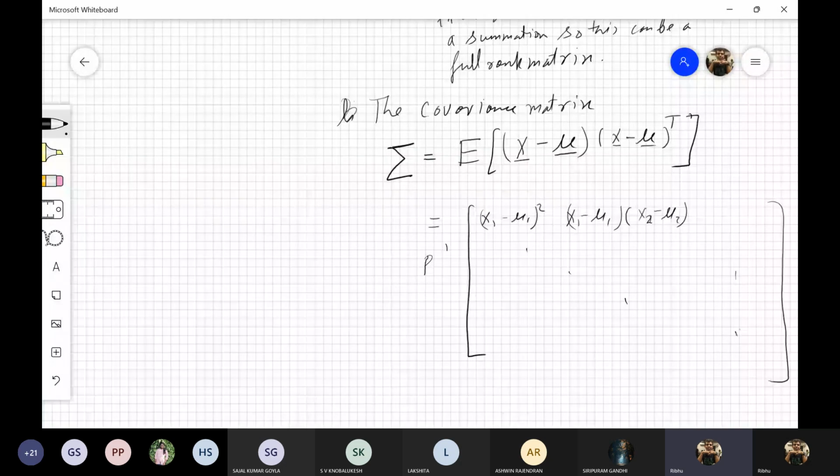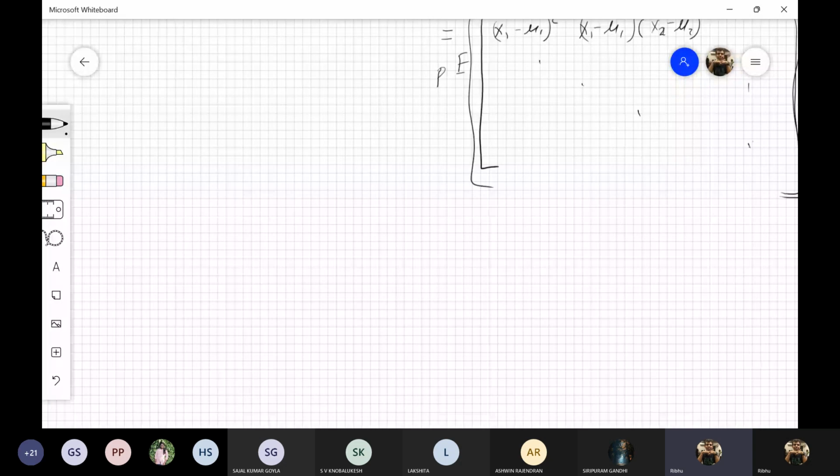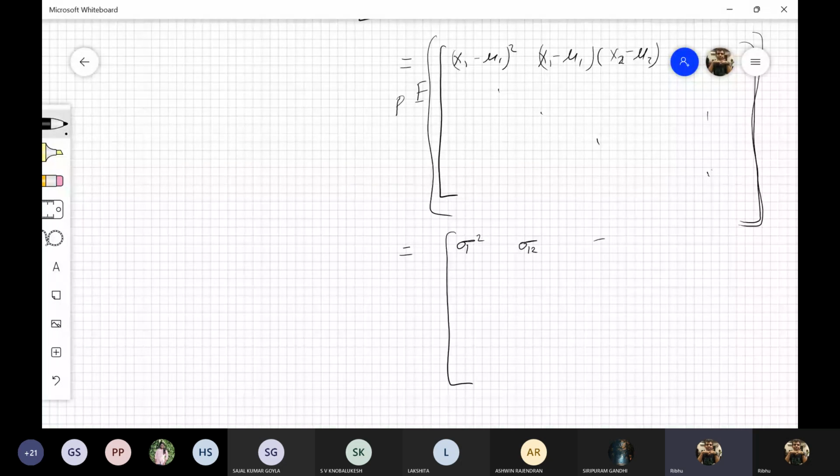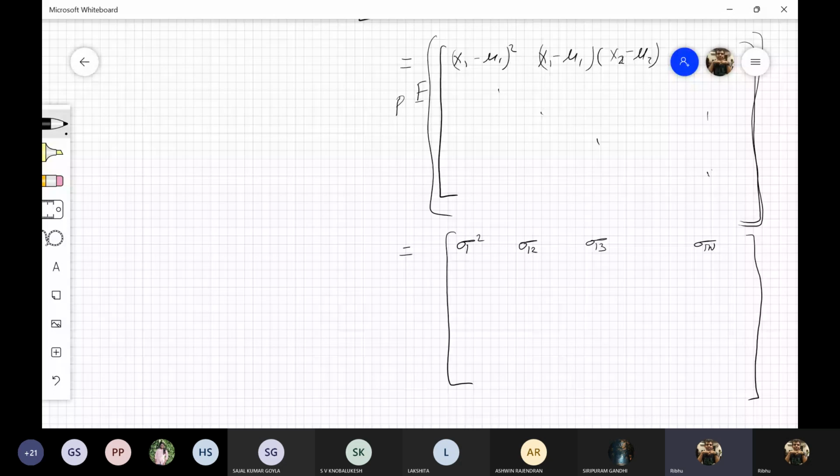So this is sigma 1 square, sigma 12 as we had defined earlier, sigma 13, sigma 1n, up to sigma n square. Fine.